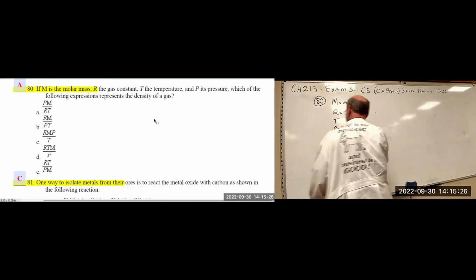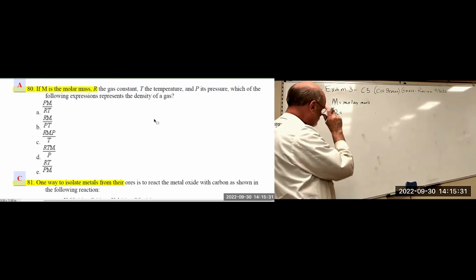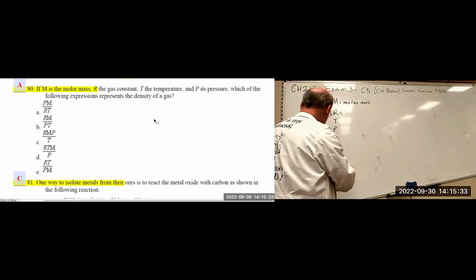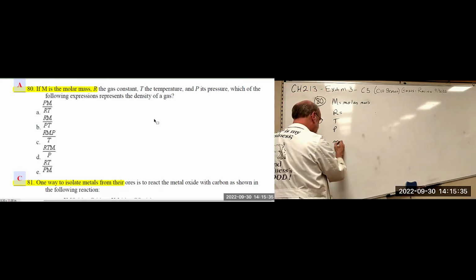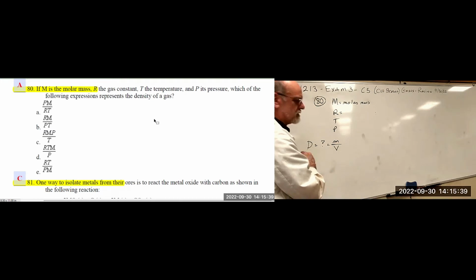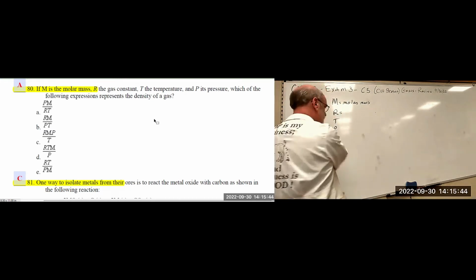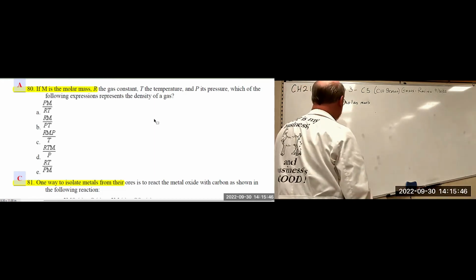So we're looking for density. Density equals what? Well, density needs to be mass per unit volume. Was volume given? Volume wasn't given. What else do we know?